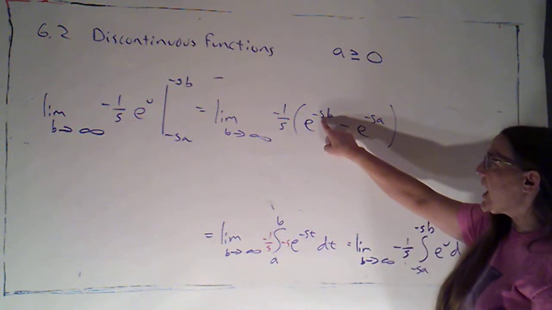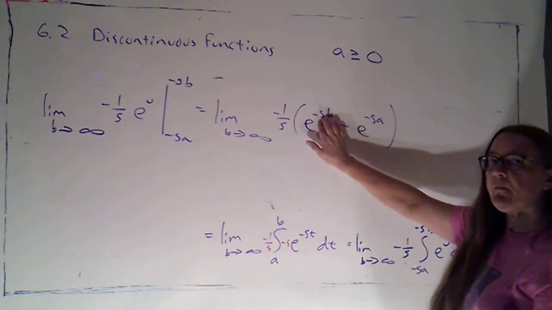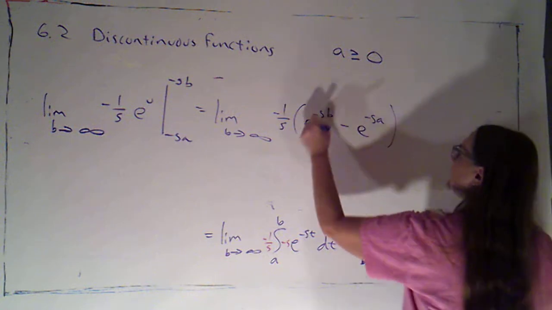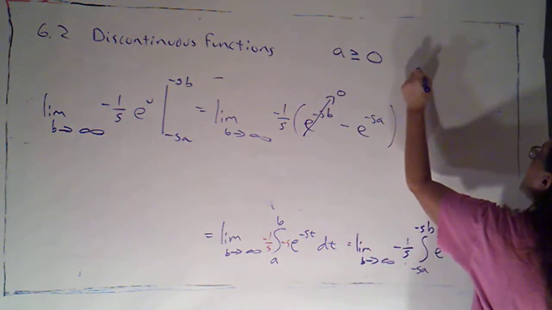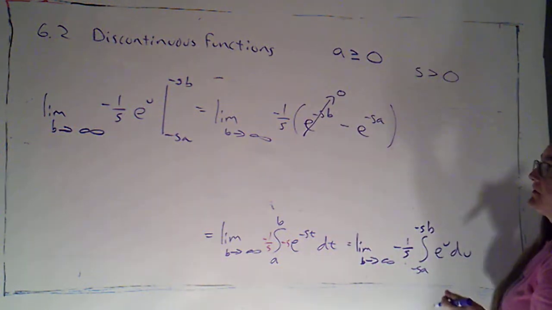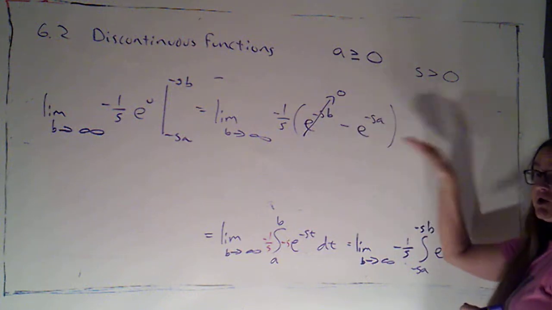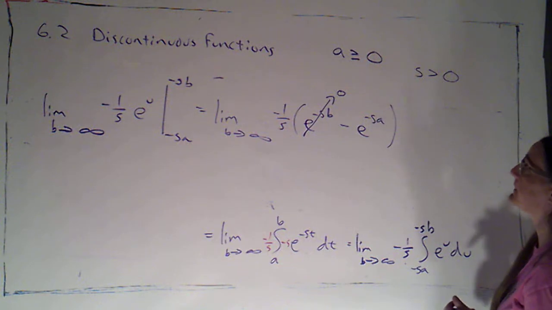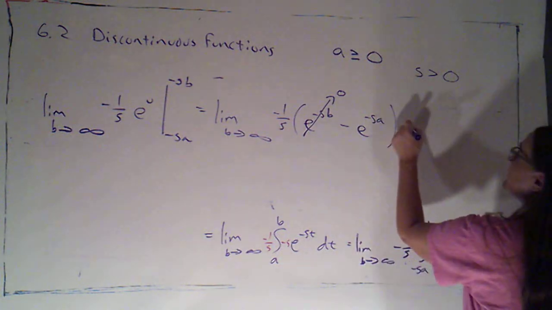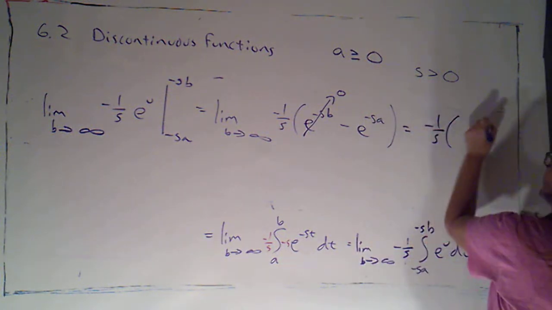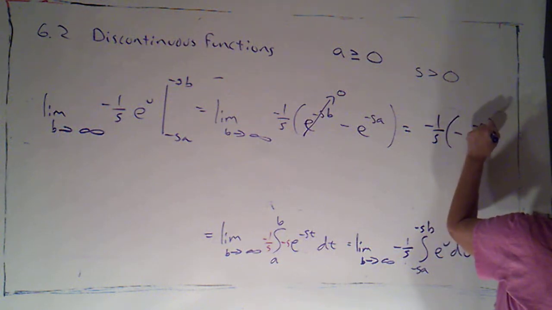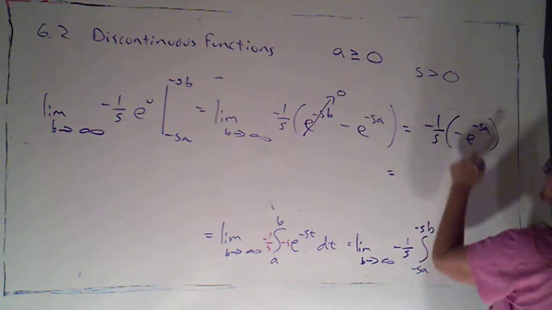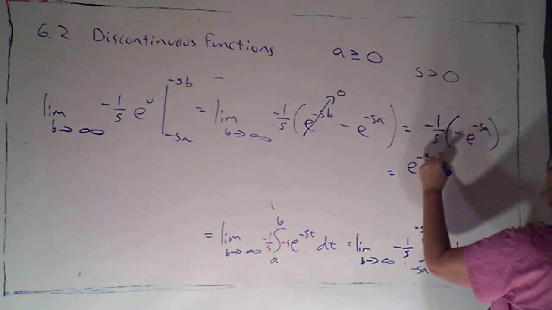But if s is positive, this is e to a big negative power, and that's going to go to 0. But only if s is positive. So in order to get a convergent integral here, we have this restriction that s has to be positive. Okay. But then, I'm just going to get negative 1 over s times negative e to the negative sa. The two negatives will cancel, e to the negative sa over s.